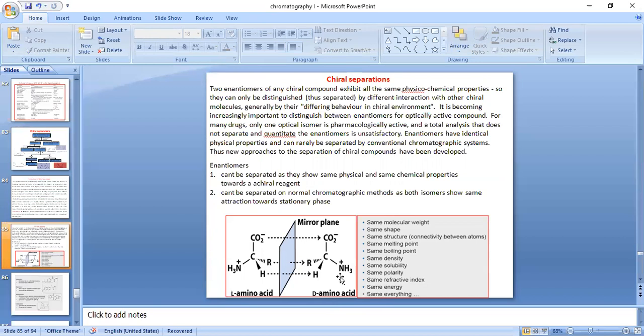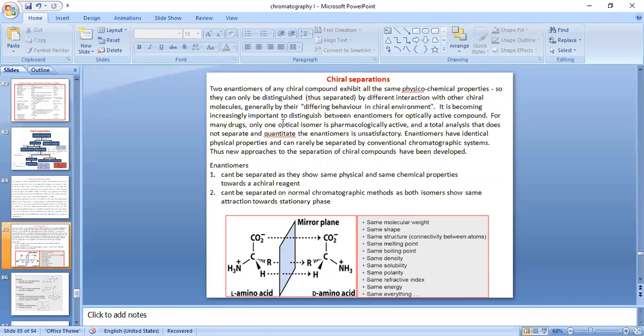Unless the R and S isomers are put in a chiral environment, they will not behave differently. They will have the same properties in terms of melting points, chemical reactivity, and polarity. They differ only when you expose them to a chiral environment.